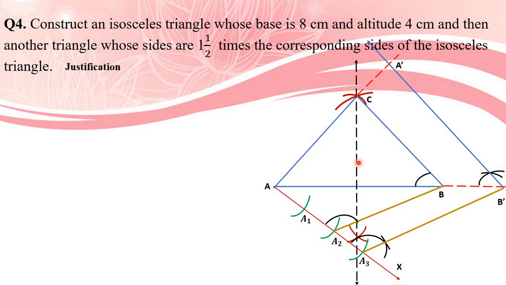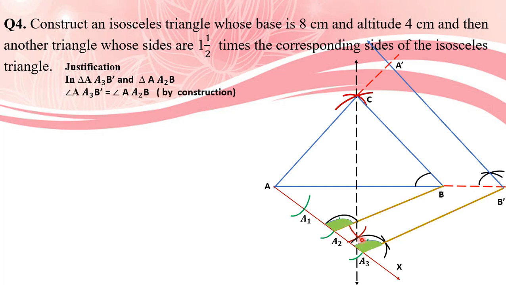So let's justify it. Now here in the triangle A2B and the triangle A3B dash, we have this angle A3 and angle A2. By construction, as we drew the parallel lines, these two angles have the same measurement.